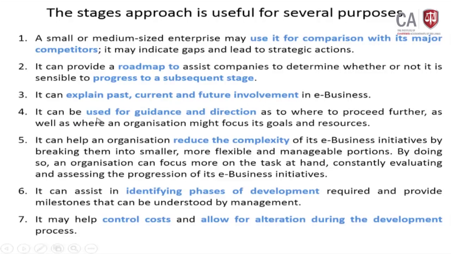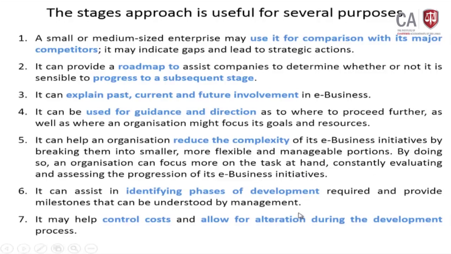It can be used for guidance and direction as to where to proceed further. So the stages approach will provide guidance and reduce the complexity. The given stages identify phases of development, and in each phase the development can be identified.